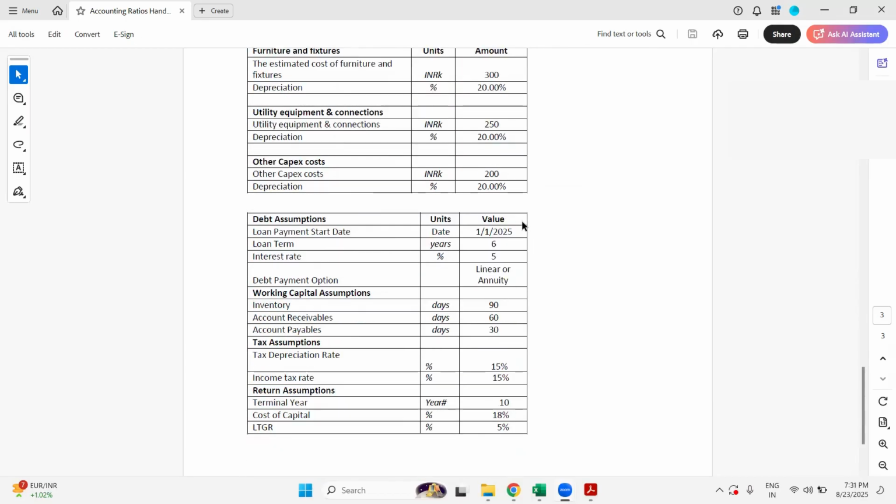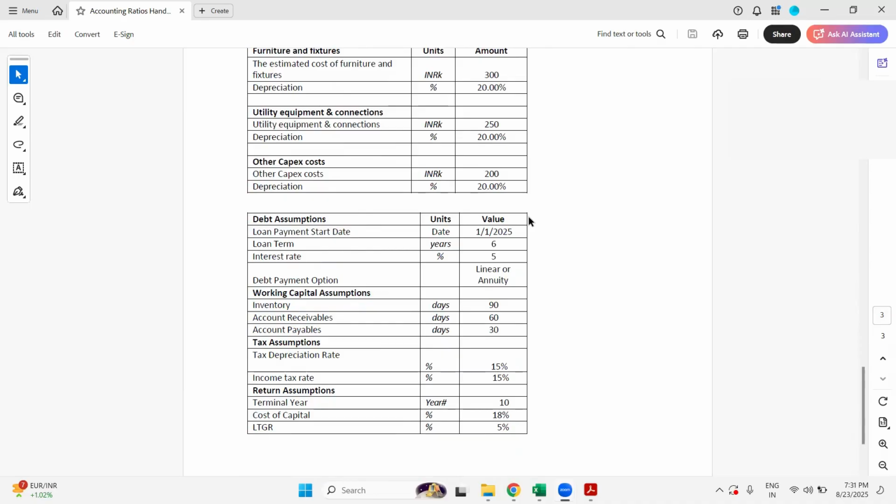Then we have debt assumption. So here the loan payment start date is from, basically, guys, it's mistakenly mentioned as 1/1/2025, but here we will assume that there will be a moratorium period of 1 year, right?